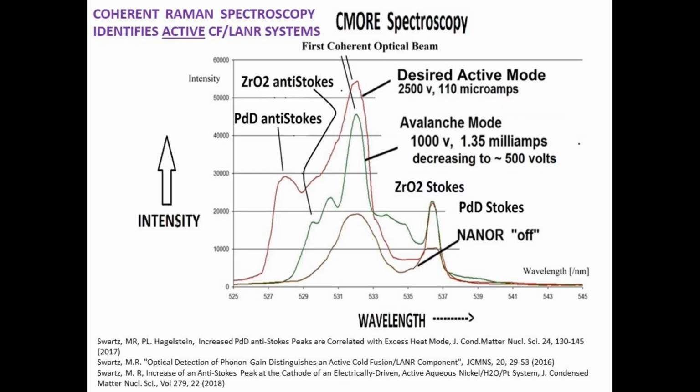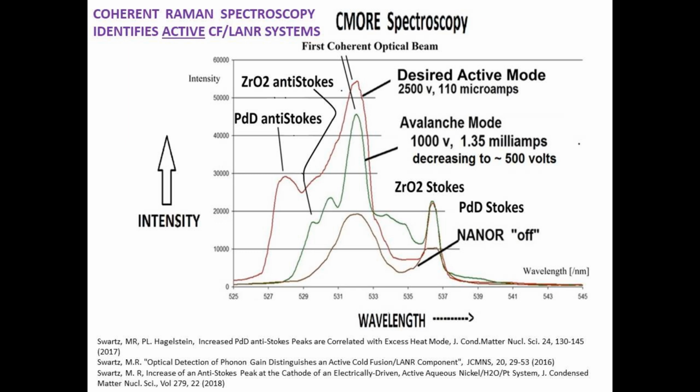As we have shown over several years, coherent Raman spectroscopy not only has a greater intensity at the detector than ordinary Raman spectroscopy, but it can specifically and selectively show the excess heat as anti-Stokes. We can see in this graph that there are three curves. One, when the LANR is off. Two, when the LANR has electrical avalanche.